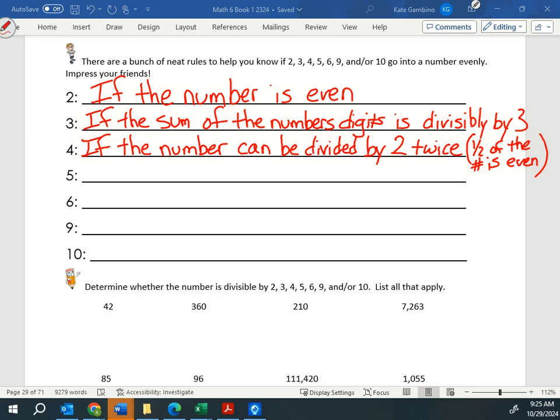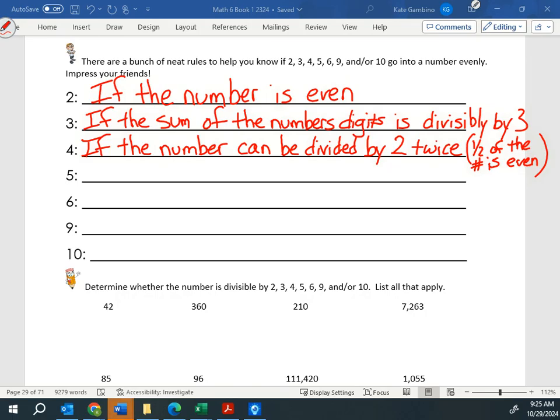If I look at a number like 104, if I divide 104 by 2, I get 52. 52 is even. So 104 is divisible by 4. Okay. Number 5, anybody know the rule if it's divisible by 5?